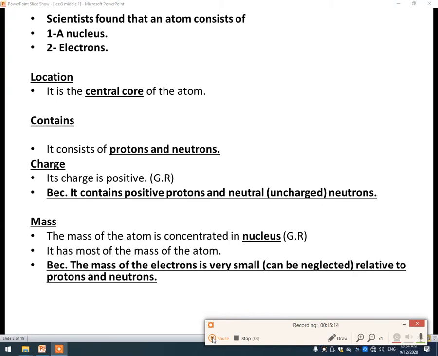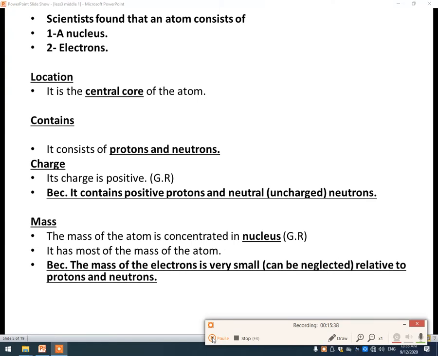So the question now: where is the place that has a big mass in the atom? Imagine with me, the big mass is found in the protons, and the smallest mass is found around the nucleus.